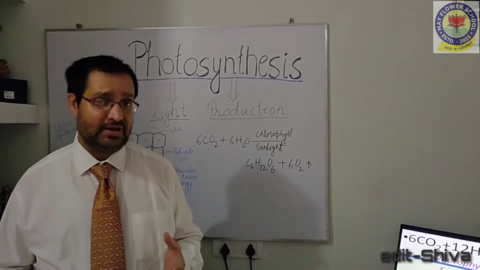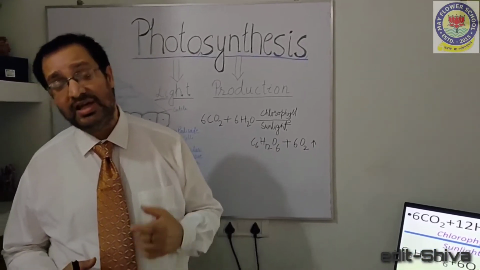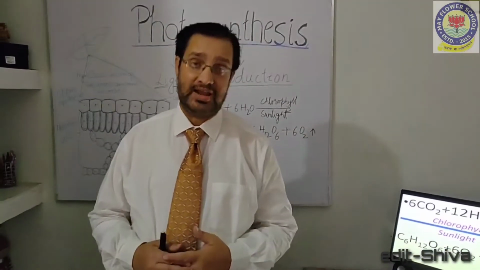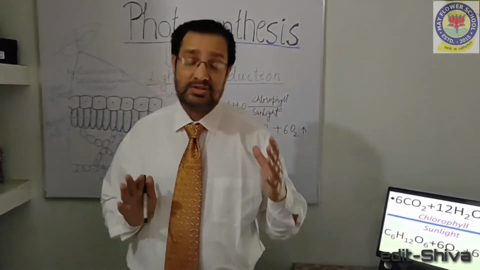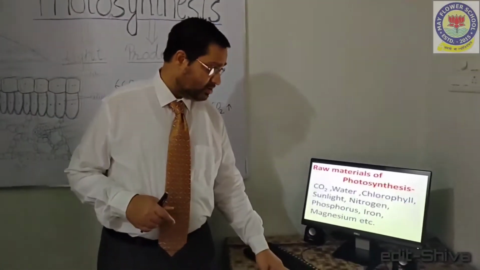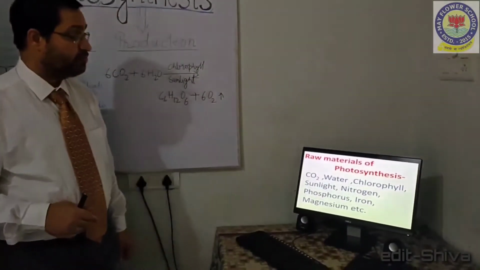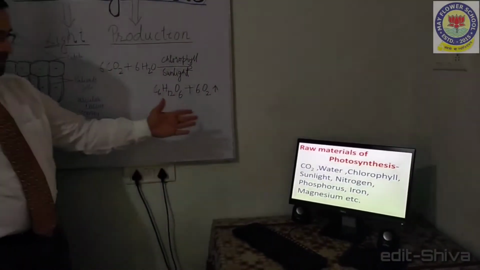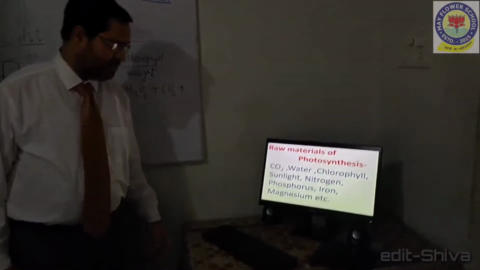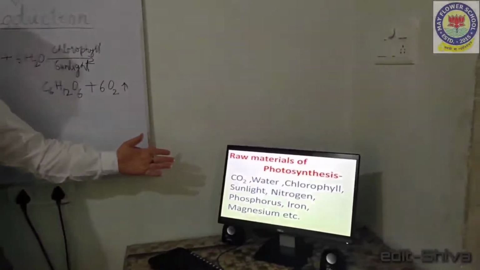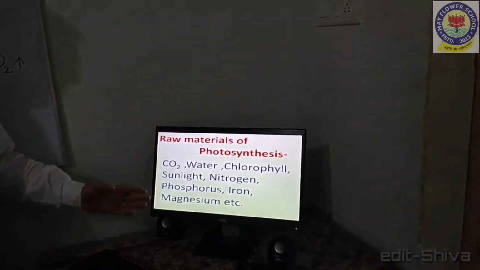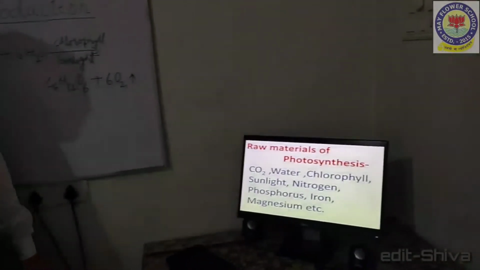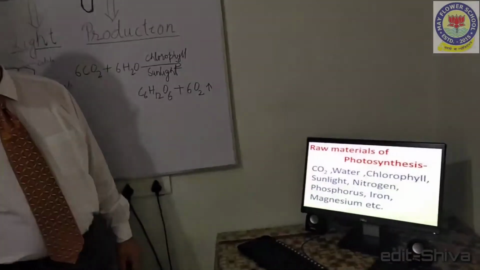Actually, nitrogen element is used in the synthesis of protein inside the plants. These all are together called raw materials of photosynthesis, that is carbon dioxide, water, chlorophyll, sunlight, nitrogen, phosphorus, iron and magnesium.